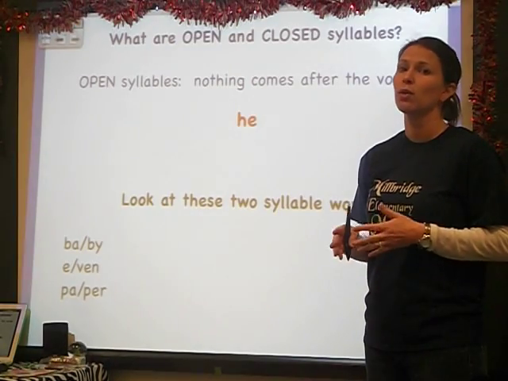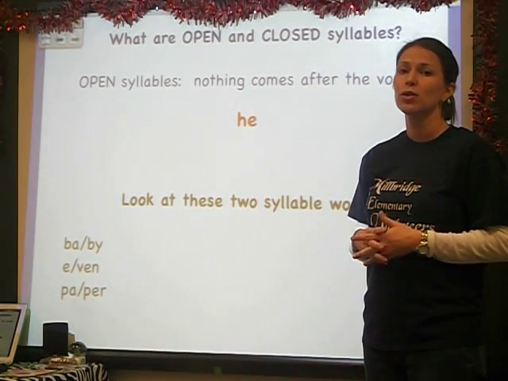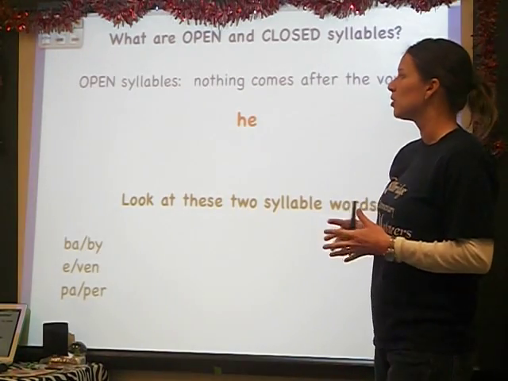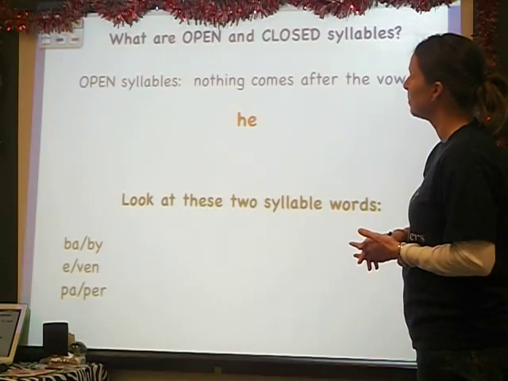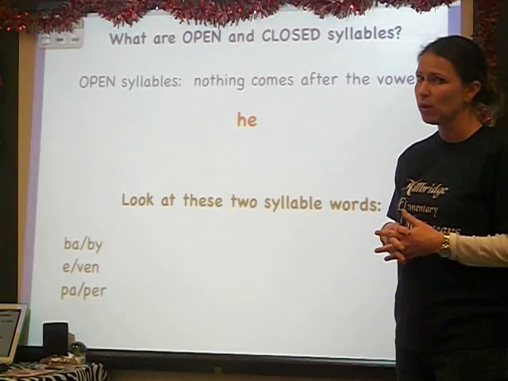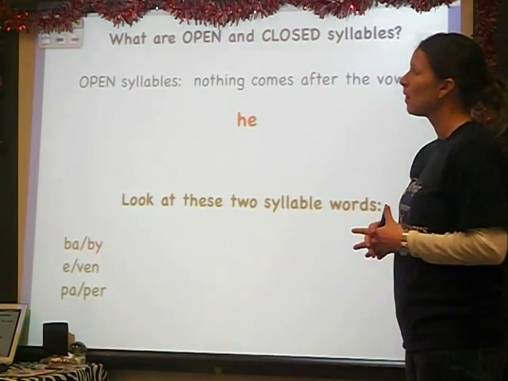So if they understand the rule or pattern, they're able to read and write and spell any words in our language. So what I wanted to do is basically give you a question of what are open and closed syllables, and that's what we're going to be working with the next 2 weeks.